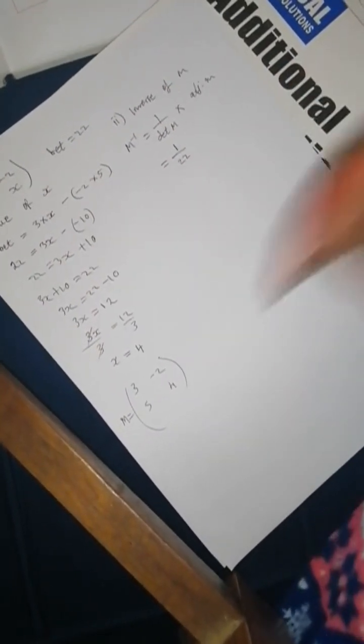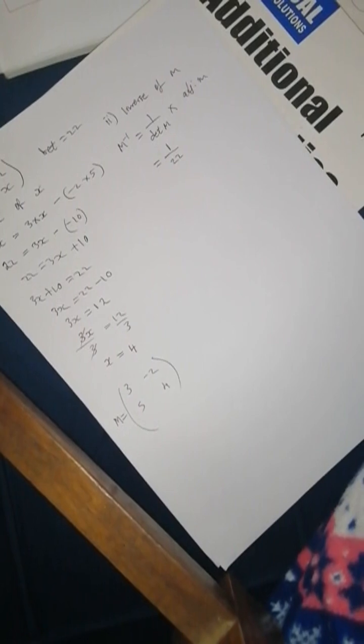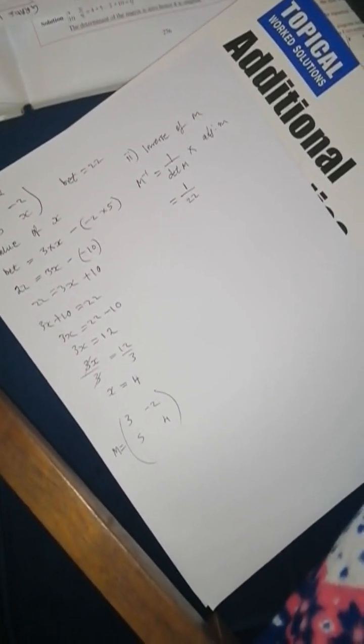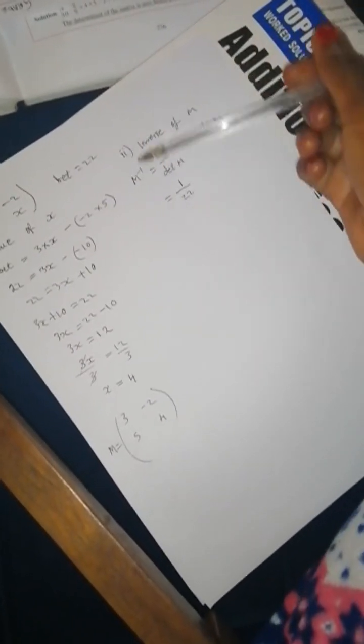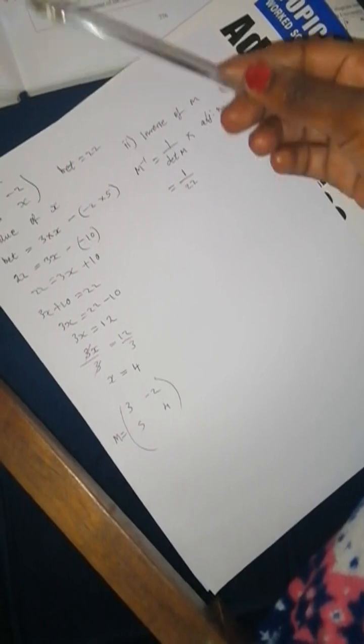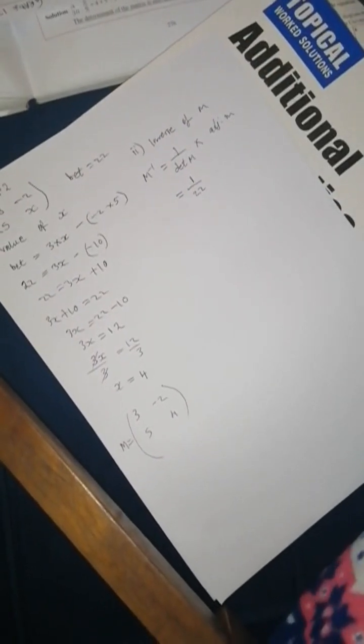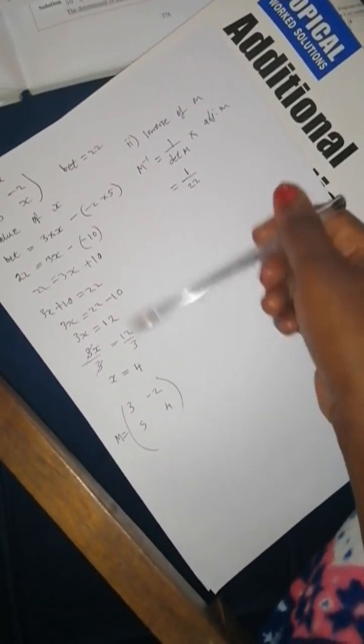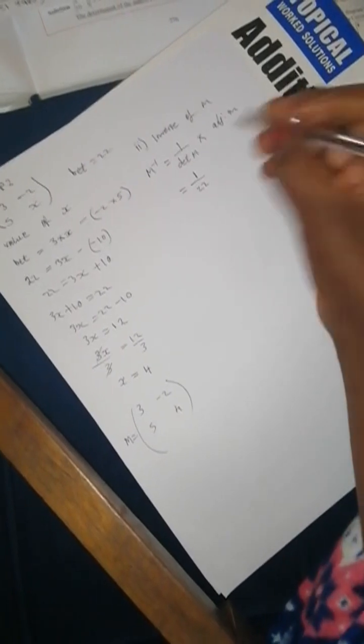Please don't use 4. 4 is the value of x. I'm emphasizing on this one because I've seen it with a lot of students. I don't know if they get confused or they forget. When they're asked to find the value of x, when it comes to finding the inverse, they use the value of x instead of the determinant which was given in the question. So do not use 4, use 22.